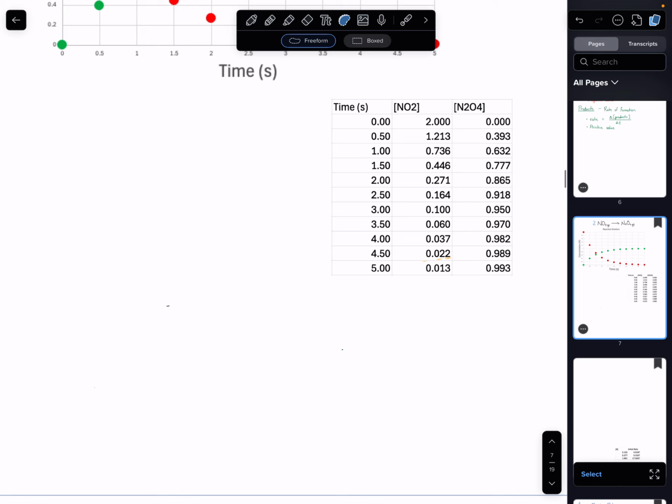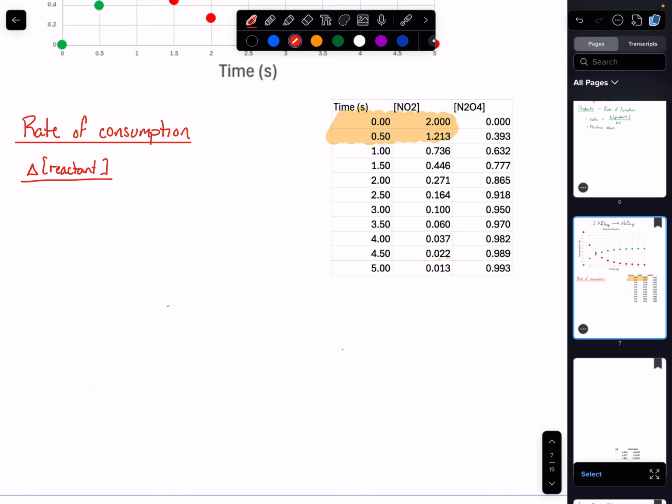I'm going to pick these first two time points here, and let's go ahead and calculate that rate of consumption. We said that was the delta concentration of reactant over delta T.